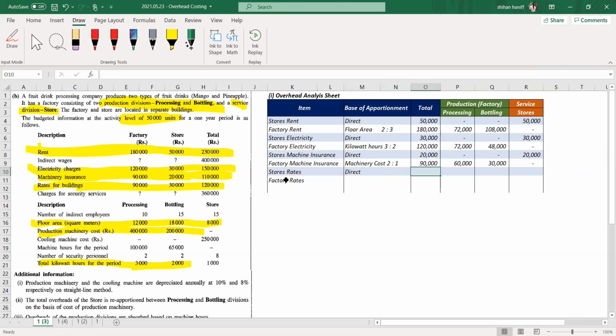Yes, for rent and rates we take the base as floor area.